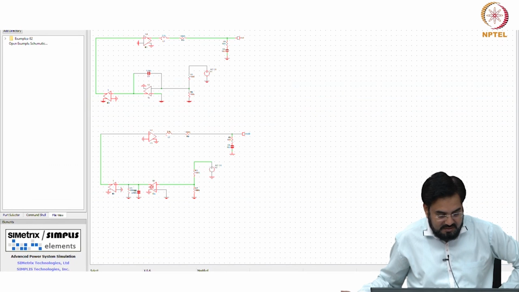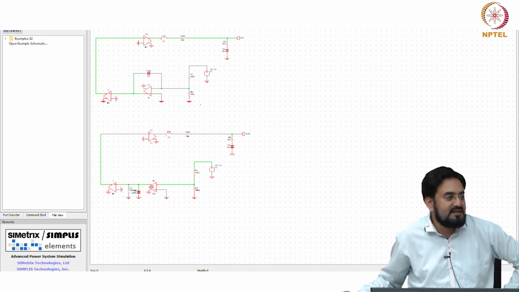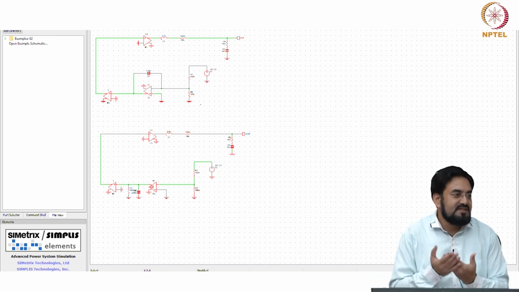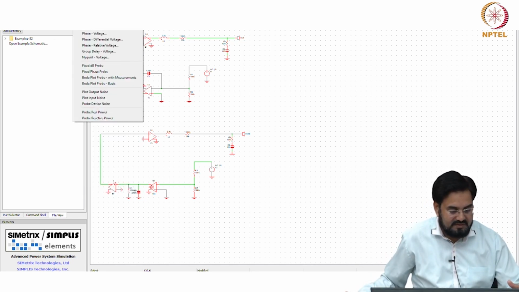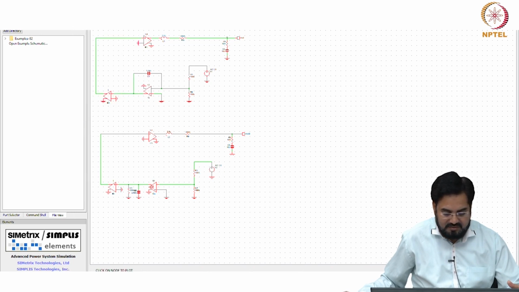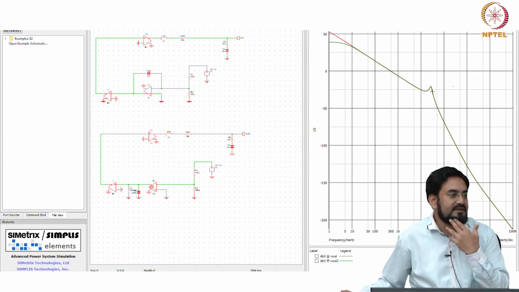Now go back. So I have an op amp RC, I have put 2x cap here. So when I do the loop gain analysis, the frequency response should match. So I have already run it. So this is your op amp RC, they are overlapping.